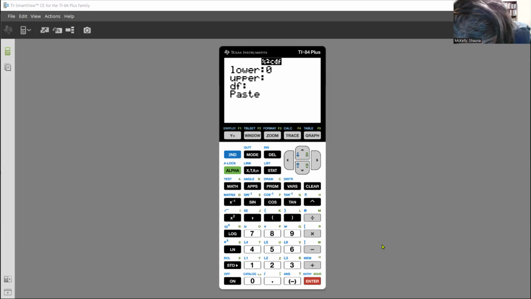So we have 24.672. My upper is E99. So I'm going to go back into E99. My DF is 10. Paste it.